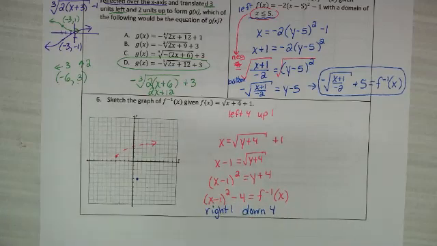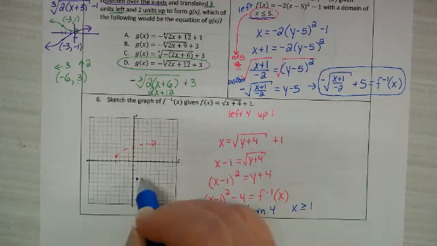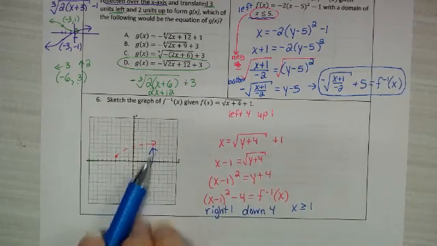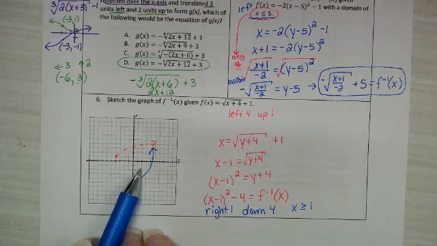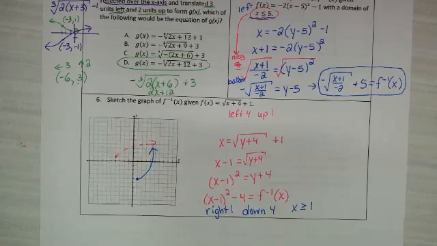It's just the top side. So the inverse is just the right side, where x is greater than or equal to 1. So that may not be the exact points, but that's the idea. It's half of a parabola, but it's the right side of the parabola because that was a positive square root.